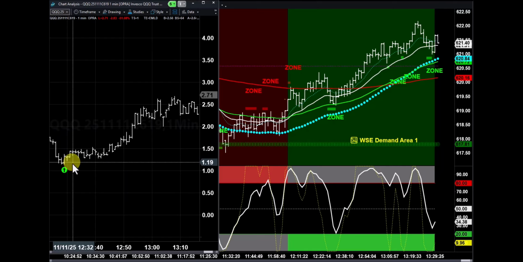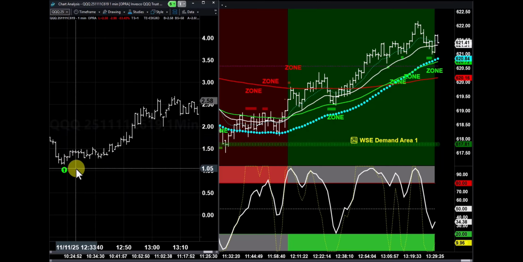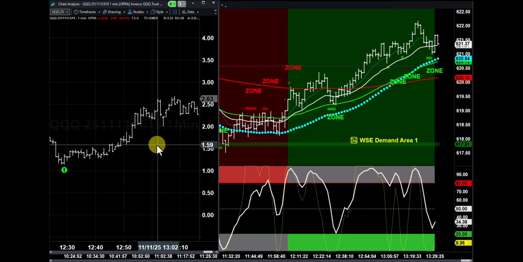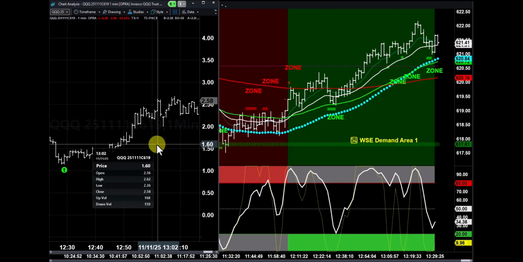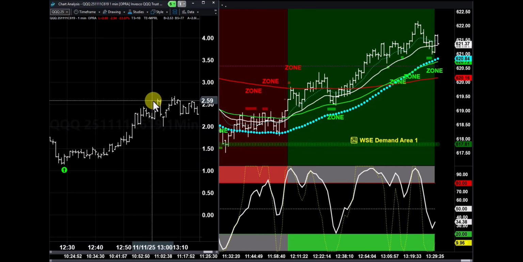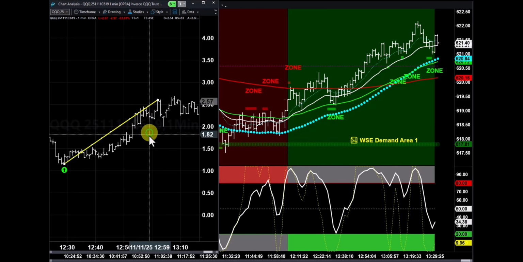Let's call it 120, which means one contract requires a $120 investment. Let's talk about 10. It's a $1,200 investment, and from 12:29 until 1:02, roughly 30 minutes, it goes from 120 to 260. It doubled in value in 30 minutes.